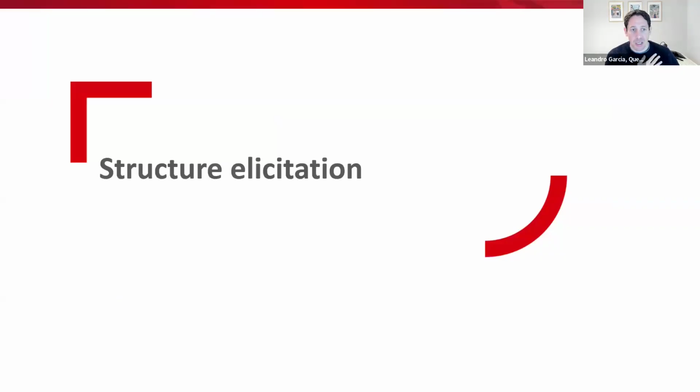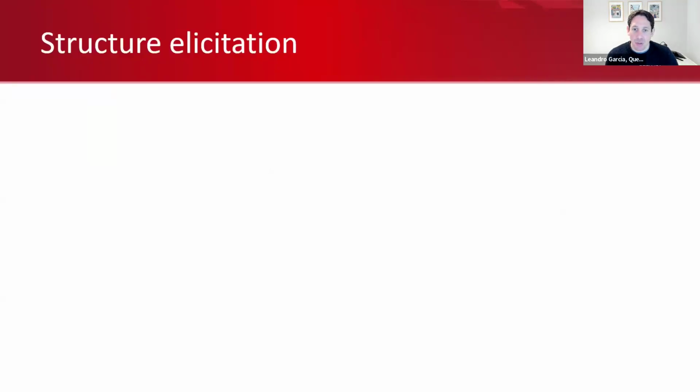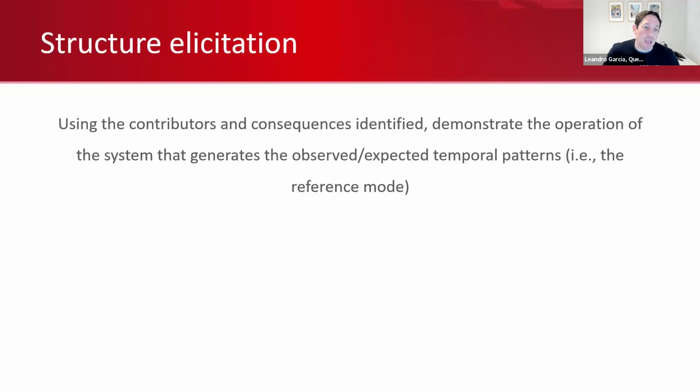So the next stage is structure elicitation. The key thing here is that, using the contributors and consequences identified in the last stage, we need to demonstrate the operation of the system that generates the observed unexpected temporal trends, i.e. the reference mode. That demonstration of how the system operates is the dynamic mechanistic hypothesis that you are generating.